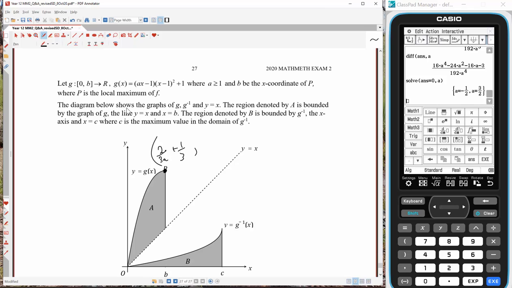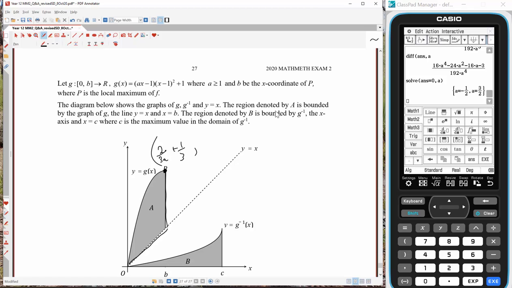Okay, the diagram below shows the graphs of g, g-1, and y equals x. So this is the original. This is the inverse function. The region denoted by A is bounded by the graph of g, the line y equals x, and x equals B. Okay, so it's bounded by those things there.